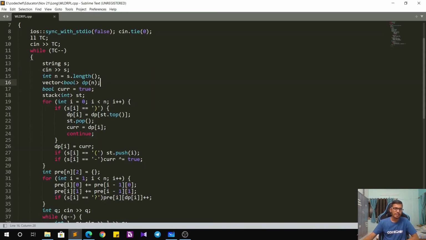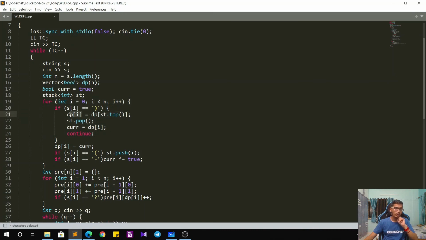And then I just iterate over the whole string. I also have a stack for helping me with the opening and closing brackets. Whatever is the current state is the current half of the element. So whatever is the ith element, the current state is its half. But what are the changes we need to take care of if we encounter a closing bracket?